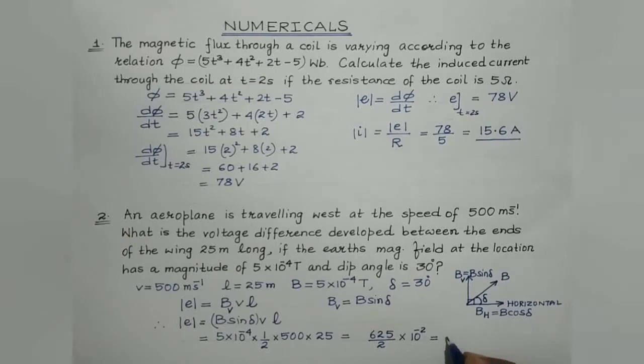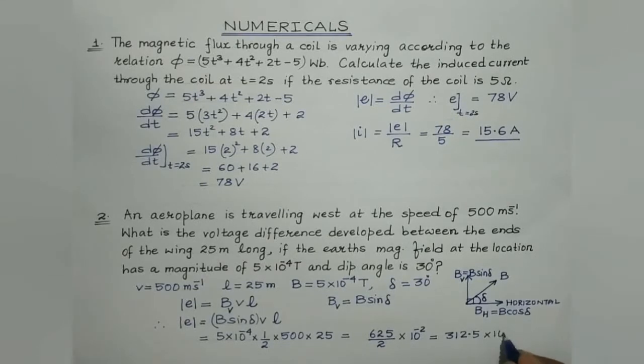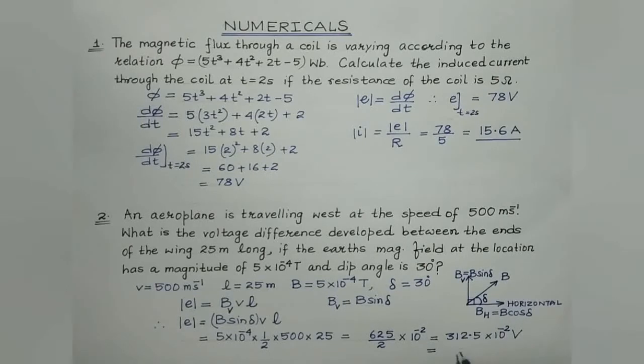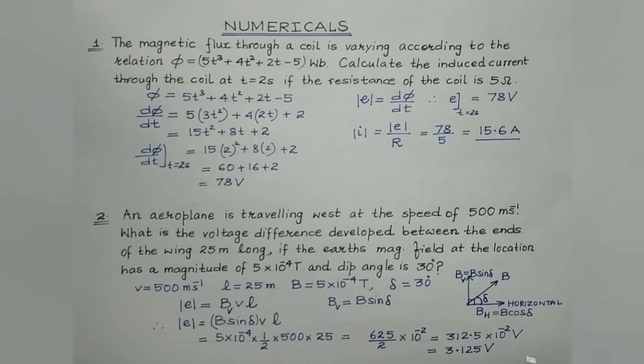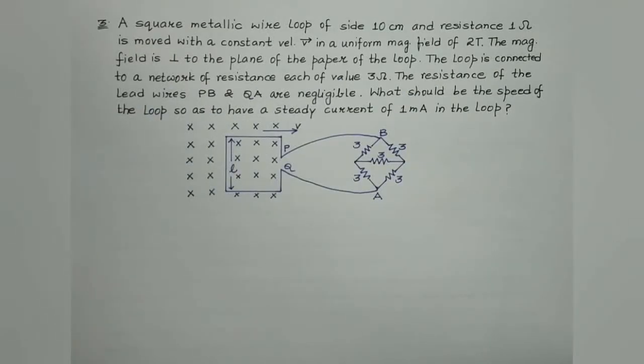So that will give us 312.5 into 10 raised to the power minus 2 volt, or students, it may be written as 3.125 volts. So this is the potential difference which will get established between the ends of the wing, which is 25 meter long.